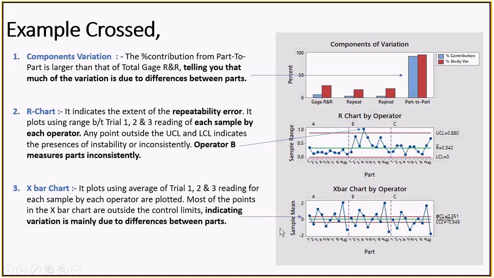Why? Because it indicates the variation is mainly due to differences between the parts, because every part is different. Sample number 1 will be different from sample number 2, and different from sample number 3. Mostly we took different samples, so definitely your data will be out of control. It indicates yes, most of the parts are different from each other. And the range chart talks about the repeatability error.